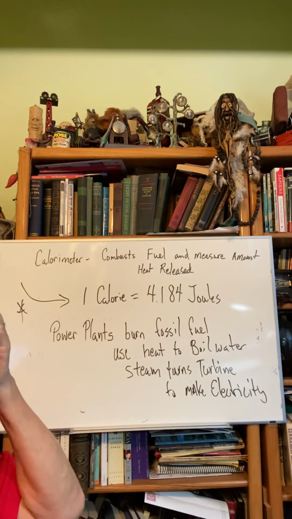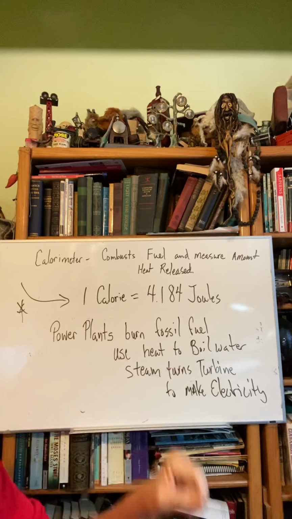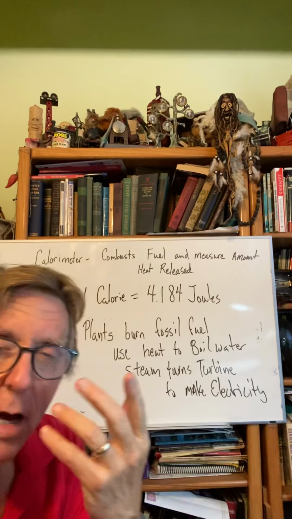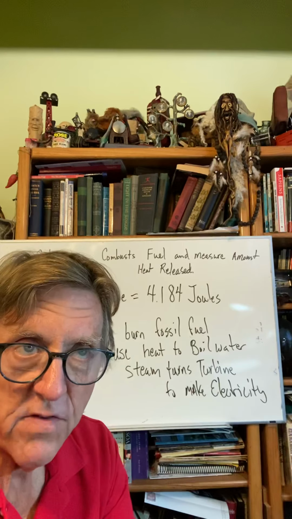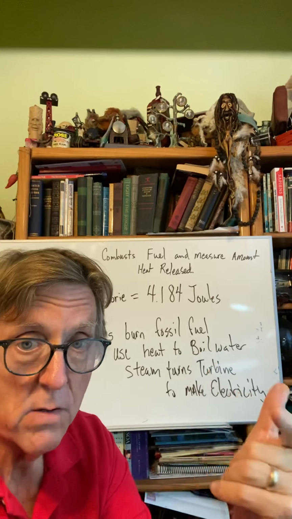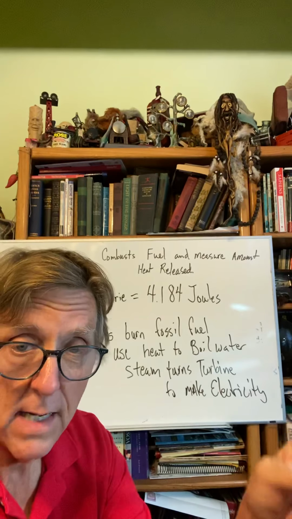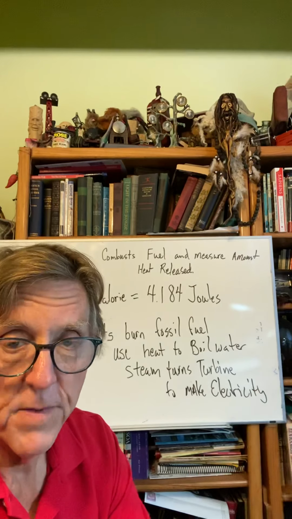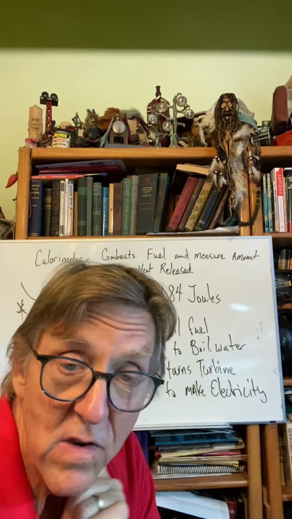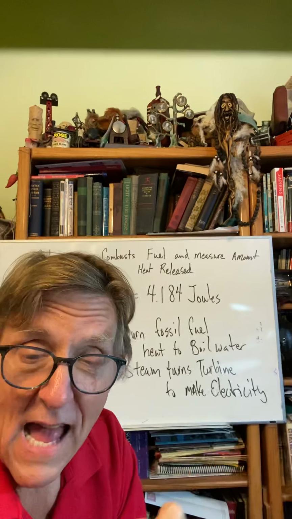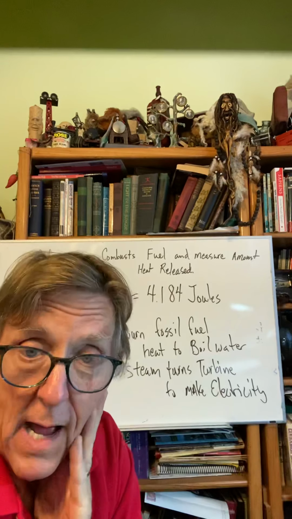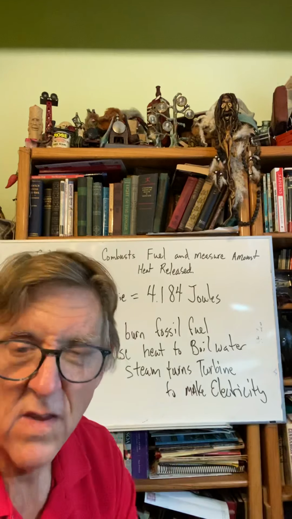So when we talk about something like a power plant, we've got this coal and we're going to burn the coal. It's going to release its heat, and then that heat is going to be used to boil water, and then the steam that is produced from the boiling water is going to be used to do work, which is to turn a turbine. And as you turn this turbine, you're going to produce electricity.